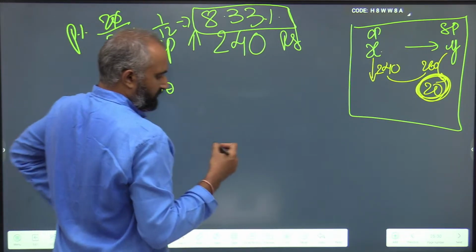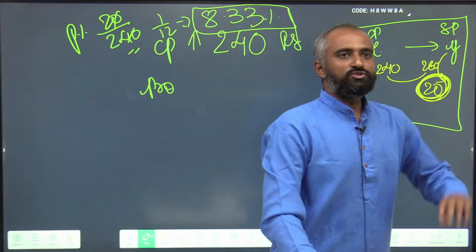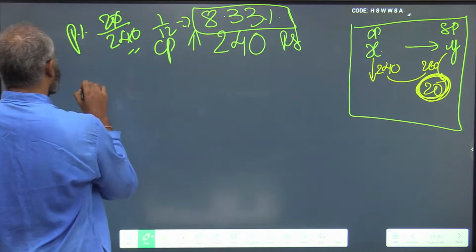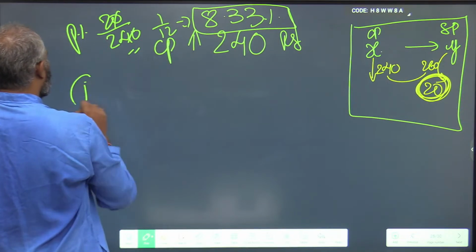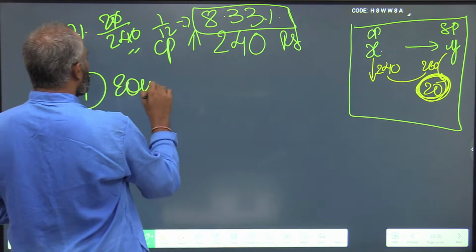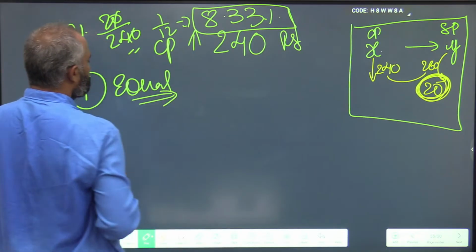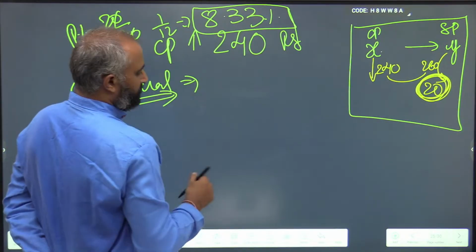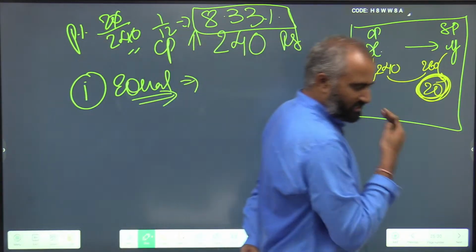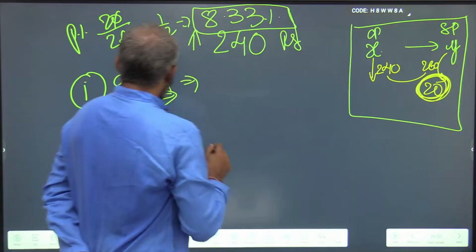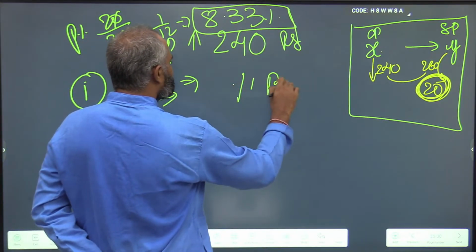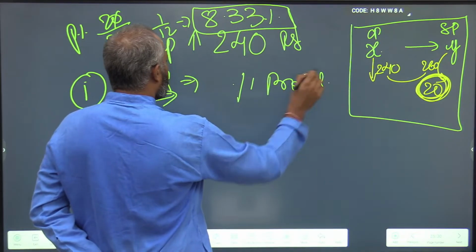Now, in any such cases, to solve the problem much more easily, always take this as an observation: you should always focus on the part that is equal. If you want to solve this mechanically without using any logic, we find that in both cases, the profit percentage is the same.